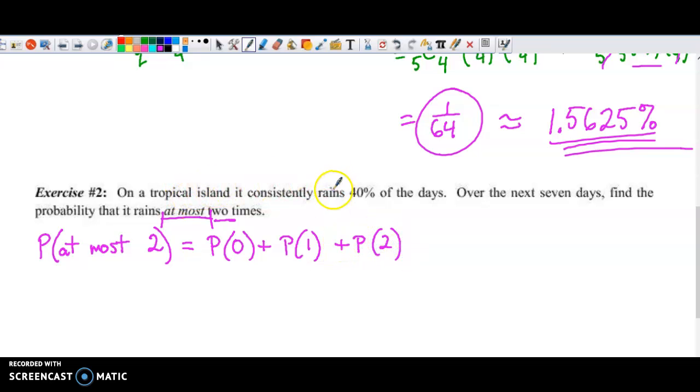And so we have a 40% chance of rain, and over the next 7 days, so over a week, we want the probability that it rains at most 2 days. So to do this problem, 7C0, we have a 40% chance of it raining, and we want that to be 0. And remember that then it's a 60% chance of not raining, and we want all 7 of them to be that. So that's just a probability of 0.